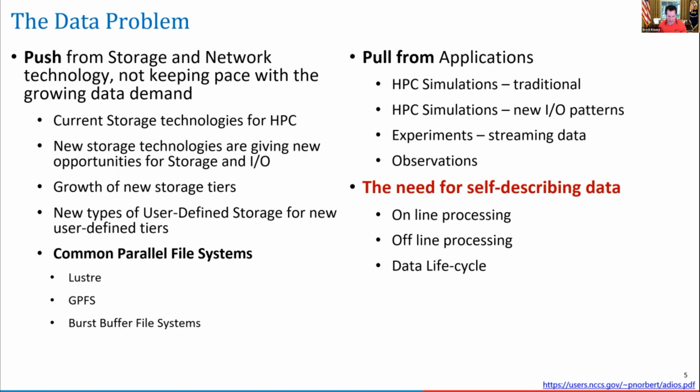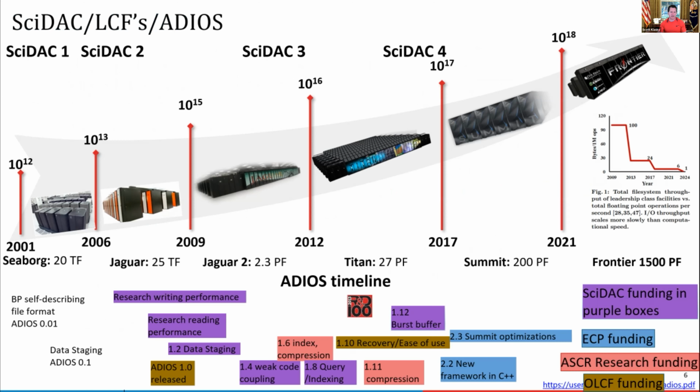So along the way, what we see is that in the evolution of computing, and this is sort of the evolution of ADIOS, where we began in 2001, and that's actually before I got to Oak Ridge, I was sitting at the Princeton Plasma Physics Lab, and we went from machines that were running on 1,000 nodes or 1,000 processors.